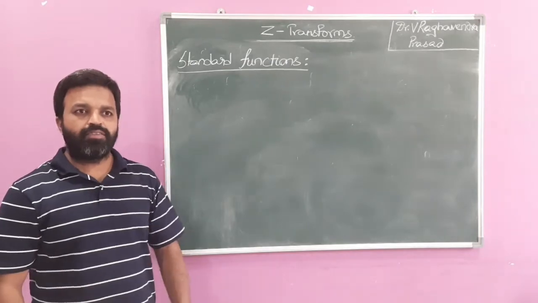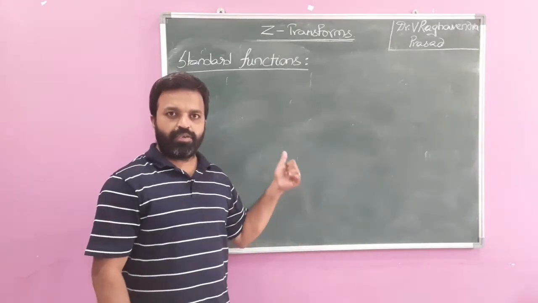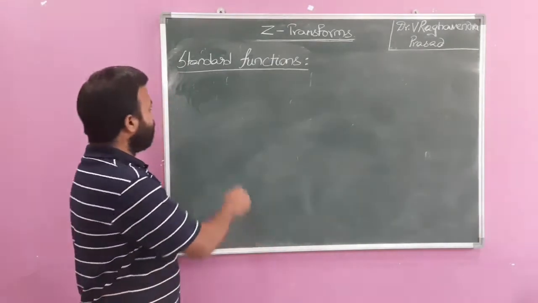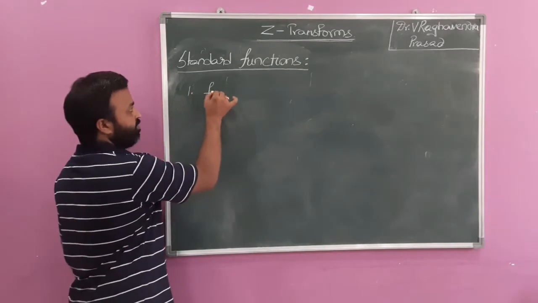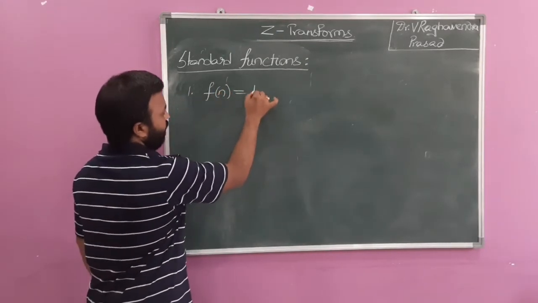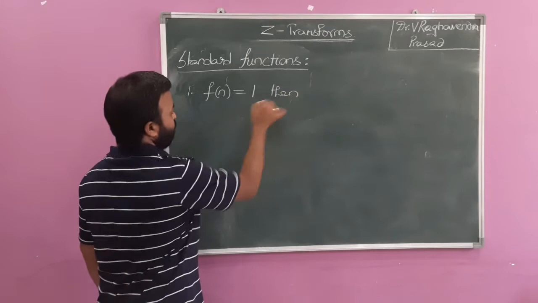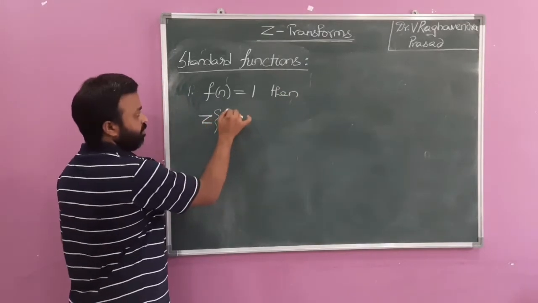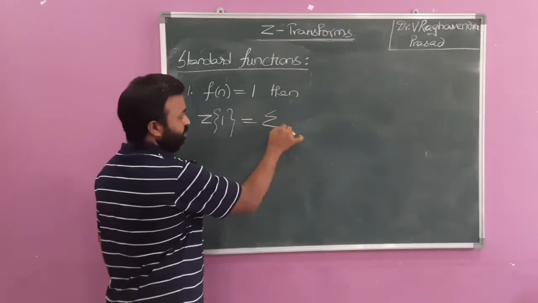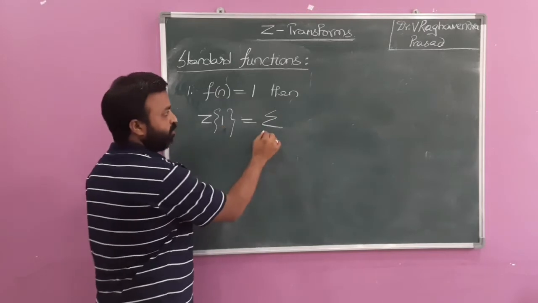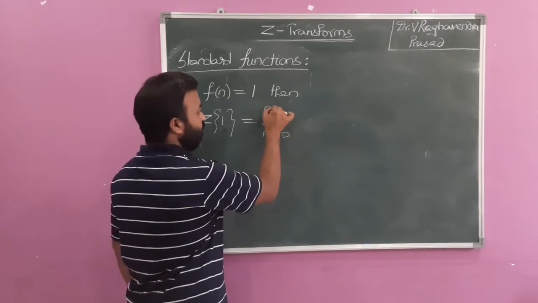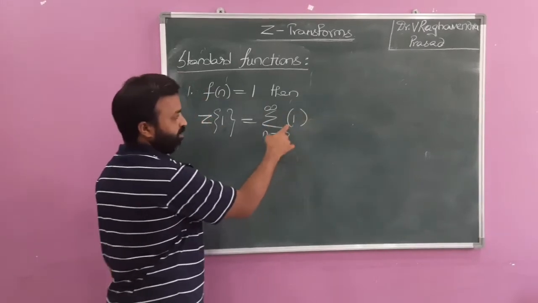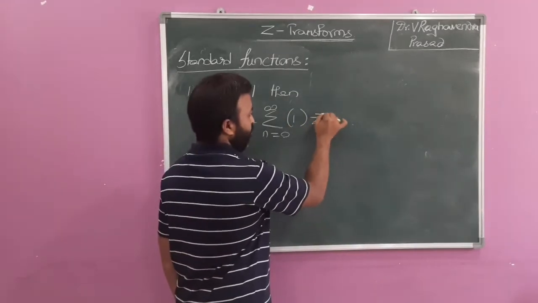Now we will see the Z transform for some standard functions. For example, if f of n is 1, then the Z transform of 1, by definition, we can write Z of f of n equal to sigma n equal to 0 to infinity f of n, that is defined as 1 here, into z power minus n.